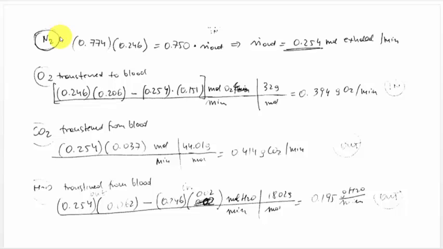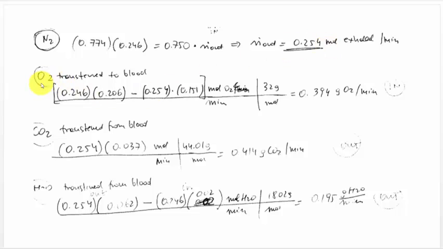Running the component mass balance on nitrogen gives us one equation with one unknown: 0.774 times 0.246, where 0.246 is the molar flow rate of the stream in, is equal to 0.75, which is the fraction of nitrogen leaving the process, times the unknown molar flow rate. Solving gives 0.254 moles of air exhaled per minute.